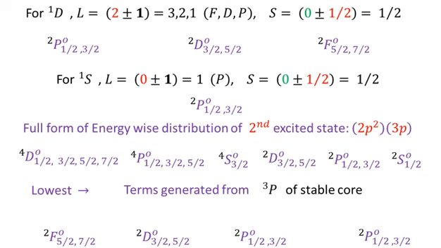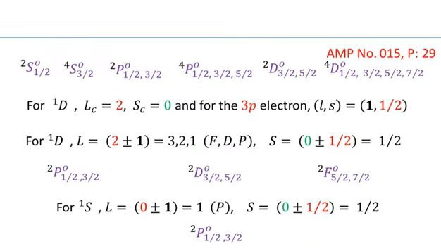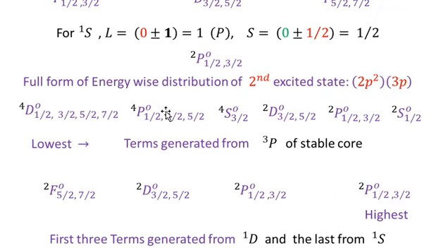In the previous lecture, I didn't find the 4D term available over here in the energy distribution, so I discontinued my lecture there. Now I am putting this term over here. This is the term with the maximum multiplicity, the quartet term.